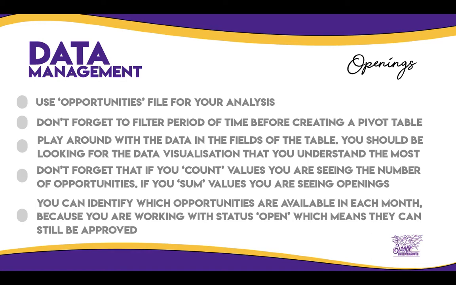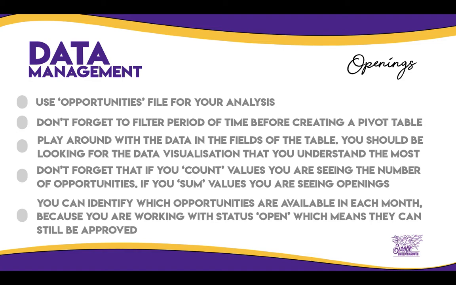And lastly, some tips or reminders. So use the opportunities file for this analysis. Don't forget to filter the period of time before creating the pivot table. Play around with the pivot table. I mean, all the information, all the data is there. You just need to put it somewhere in filters, in rows, in columns, according to what is easier for you to see and to understand.